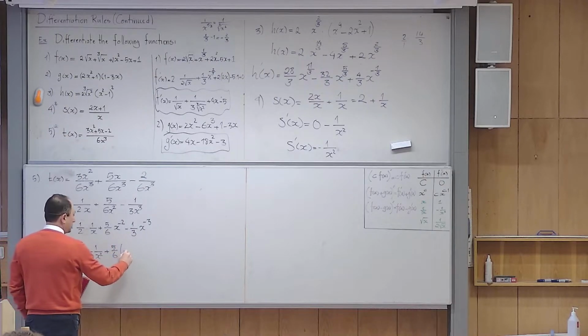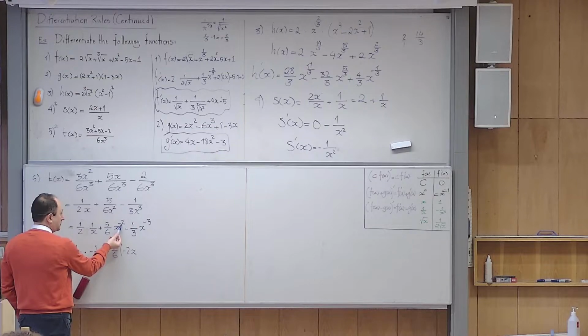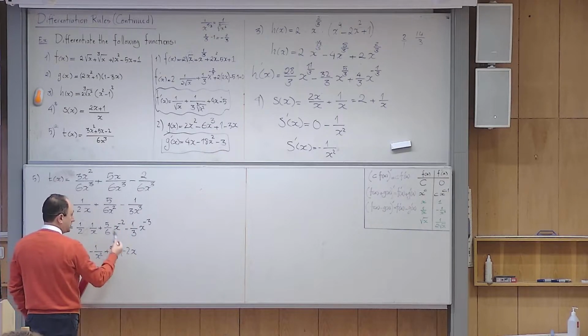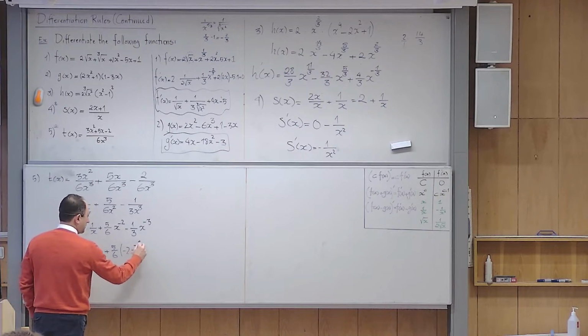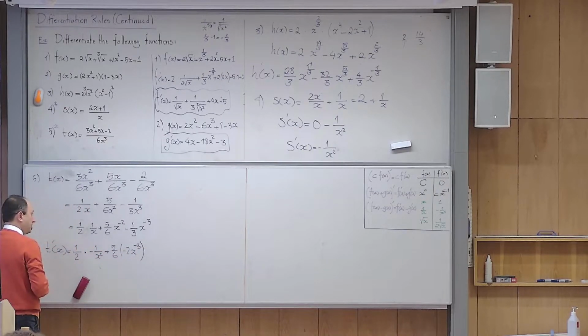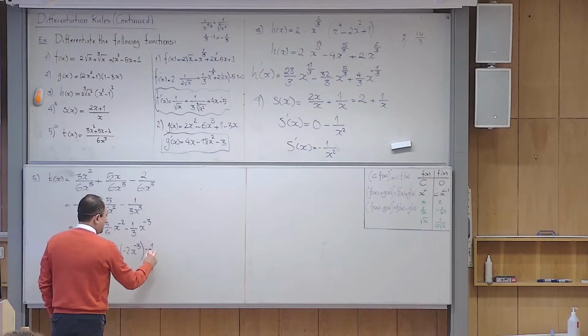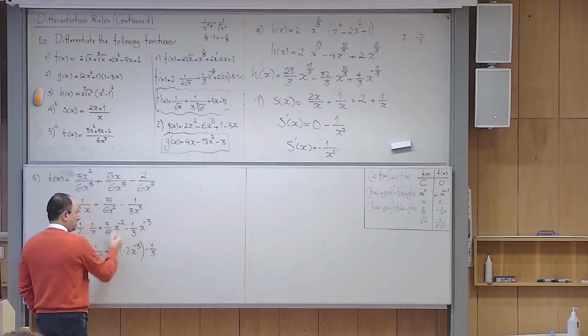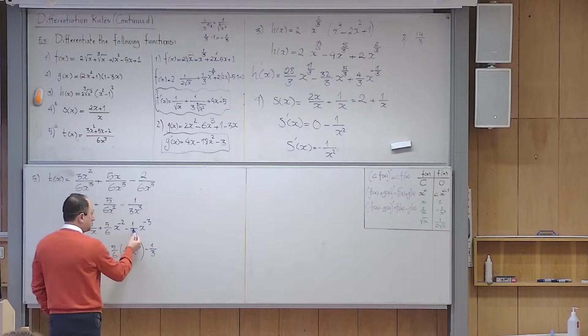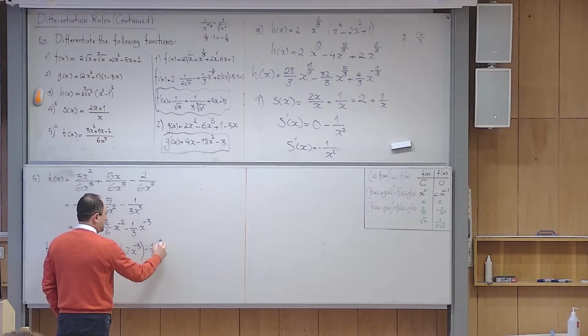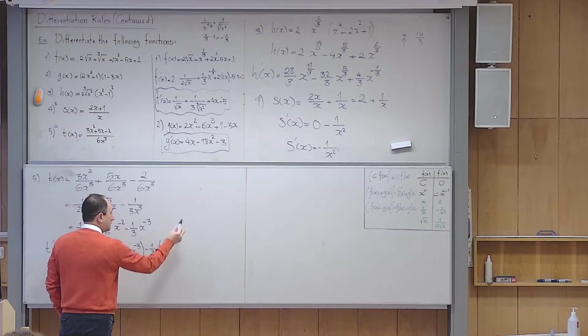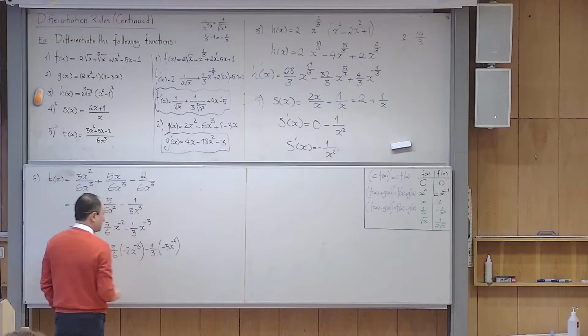So minus 2 goes down, x to the power of, I subtract 1 from the exponent. Minus 2, I subtract 1 from it, minus 2 minus 1 is minus 3. And then minus a third is a multiplicative constant here again. I do not touch it, I just take the derivative of this part. Minus 3 goes down according to that rule. X to the power of 1 unit less, minus 3 minus 1 is minus 4.